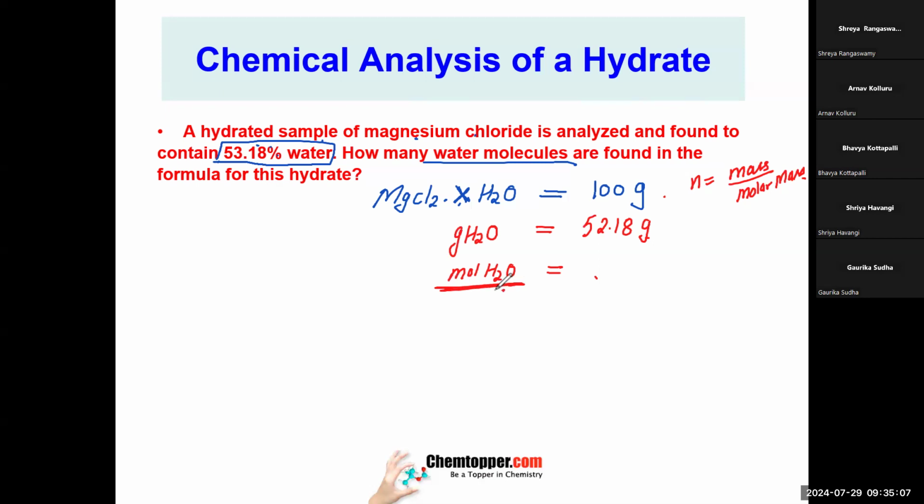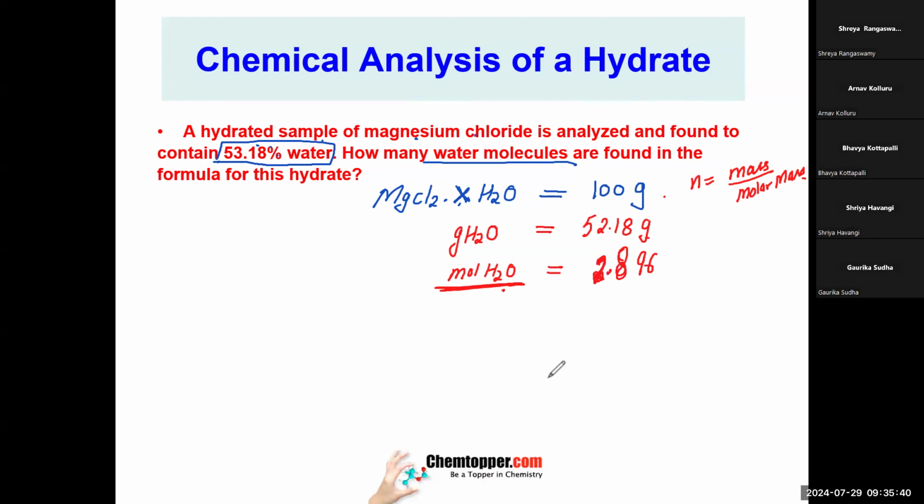Yes, Shreya H is very right. I'm also ready with the answer. It's 3.0. Actually, it is 2.899. Okay, let's take it as 3.0 moles of water. Gorika, yeah, good. Arnav is giving me, I'm also getting the same. So let's try to be accurate because we are going to take the ratio. 2.896.